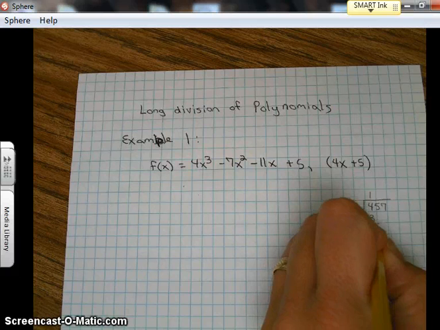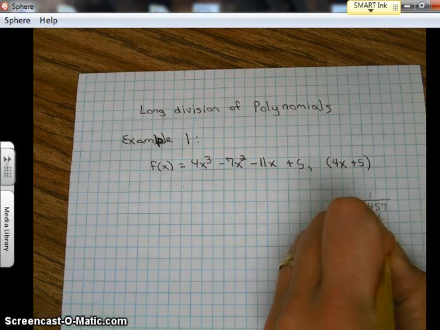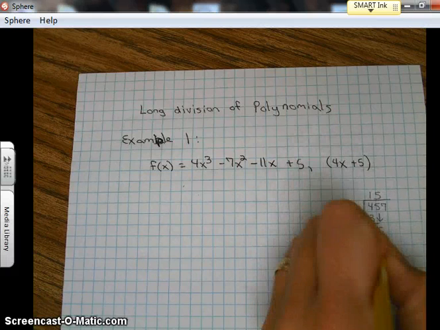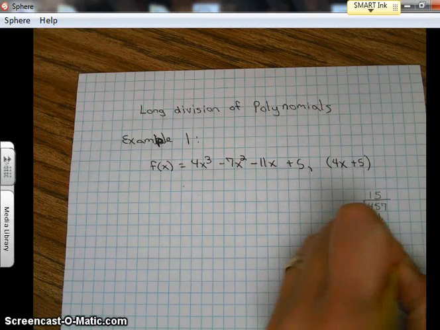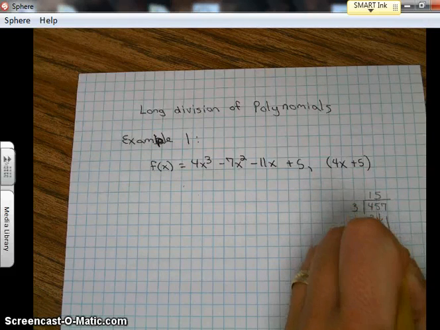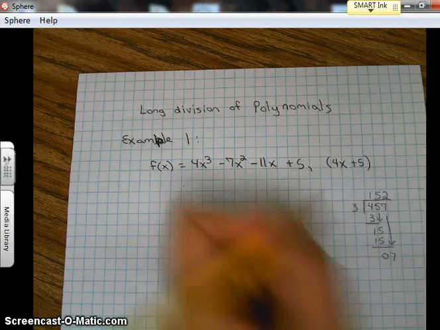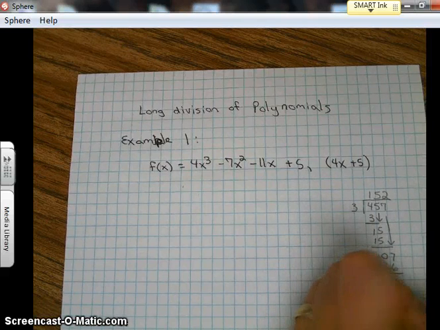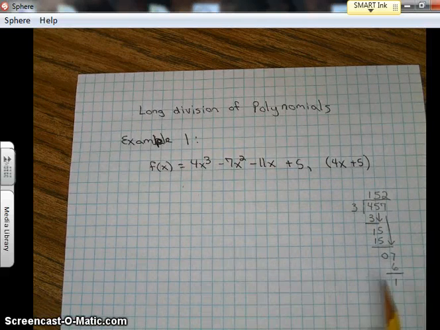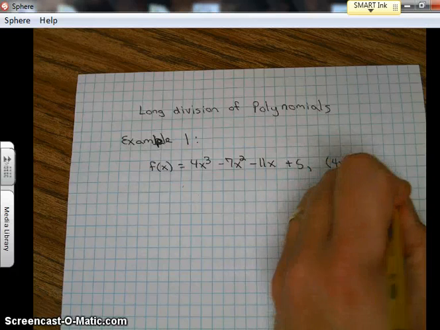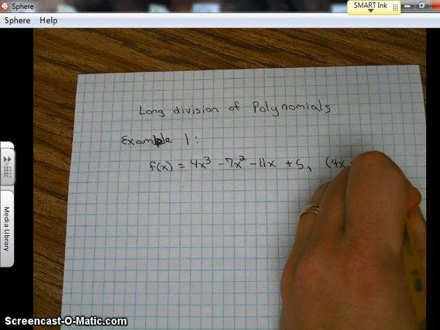We subtract, bring down the 5. 3 goes into 15 5 times. Subtract, bring down the 7. 3 goes into 7 twice, 6. And then remember, we take the remainder and put it over our divisor.